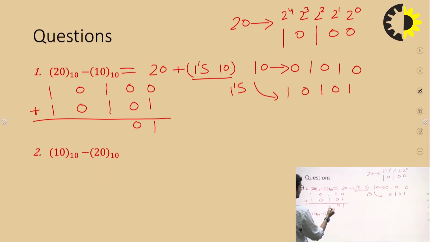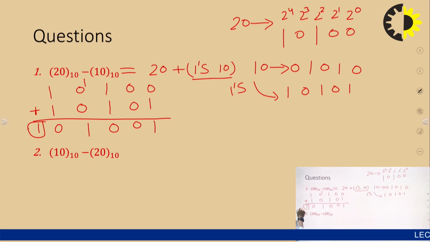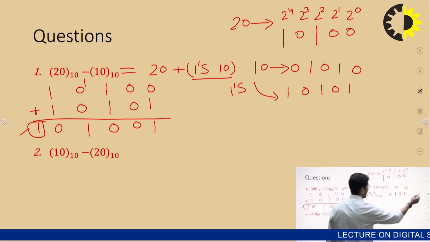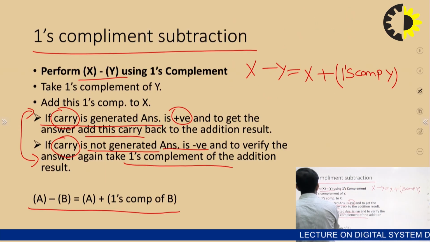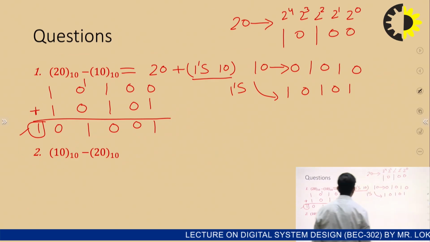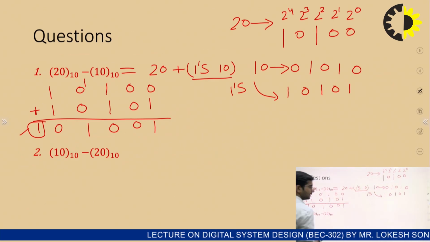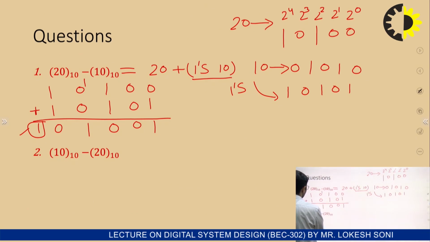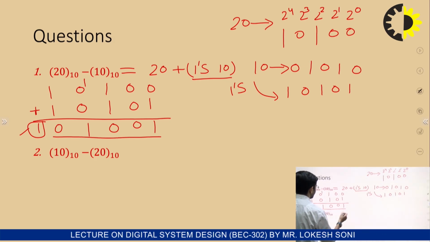0, 1 plus 1 is sum 0, carry 1, 1 plus 1 is sum 0, carry 1. As we can observe, carry is generated in the final result. In the previous slide, if carry is generated, answer is positive. That means this answer is positive and we have to add that carry back to the result. That means this 1 should be added in these 5 bits.